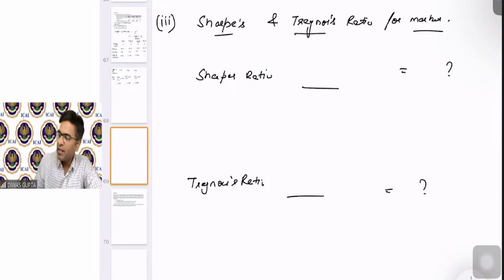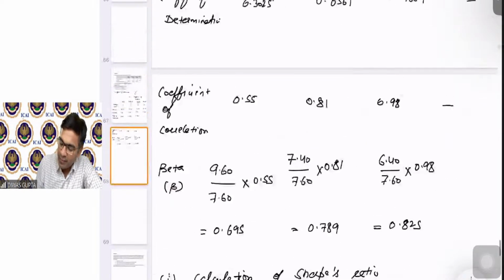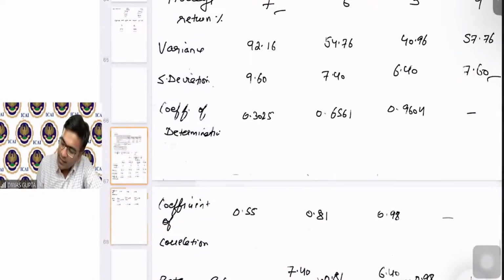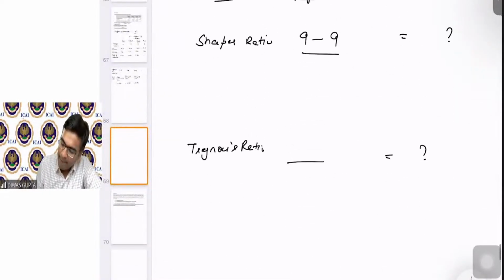Okay, let me put down. For market, what is the return from market? 9. What is the risk-free rate of return? 9. What is the standard deviation of market? 7.6. Correct? So this will be 0.